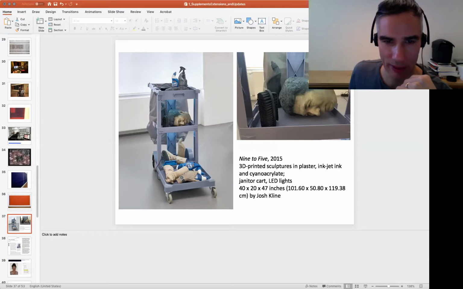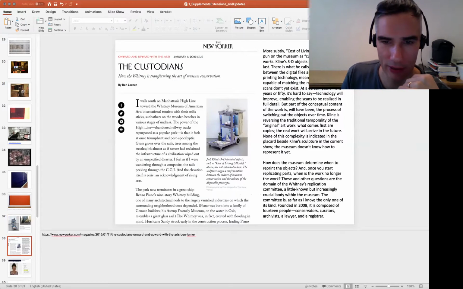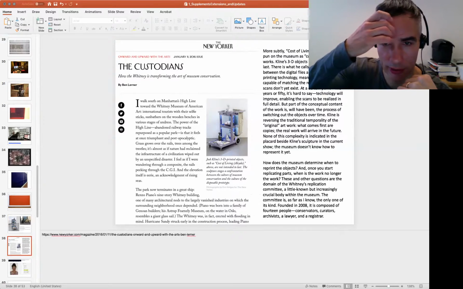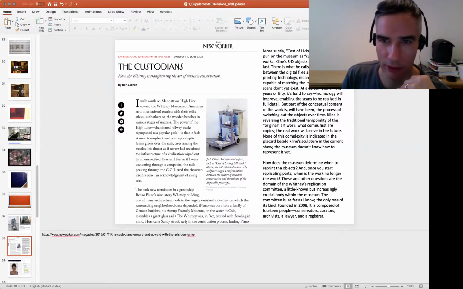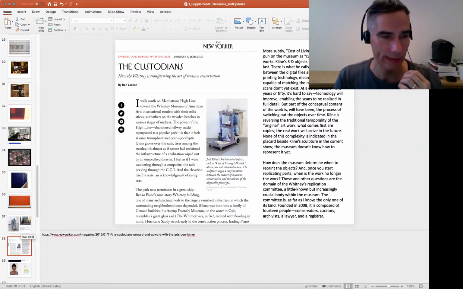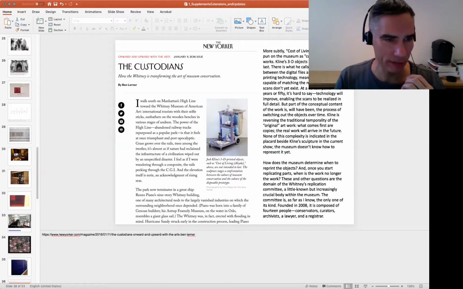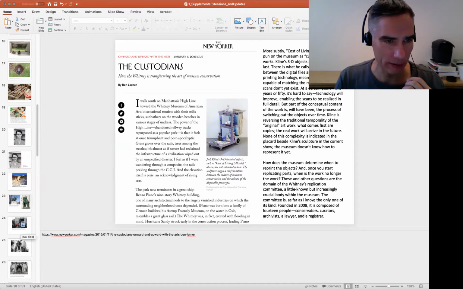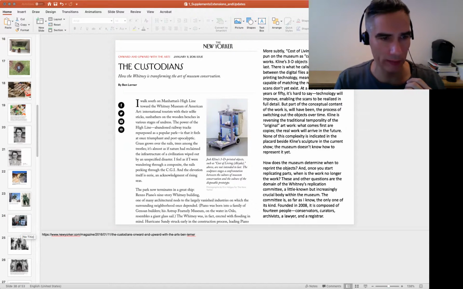He scanned their bodies and then put their body parts on ready-made carts. But the scans, of course, were limited to what he was able to access as far as 3D printing technology. So this is another area to pursue if you're interested. This piece is written by the author Ben Lerner. It's a pretty good read if you do want to pursue it. I had some other stuff, but maybe I'll just backtrack a little to between the second and the third articles.